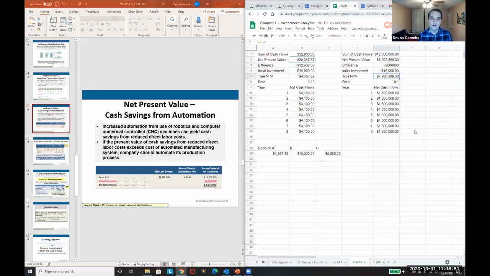And so our true net present value, let's see, did I get 8 million here? Oh, difference. Initial investment is 8 million. And so here we're getting a slightly higher number.